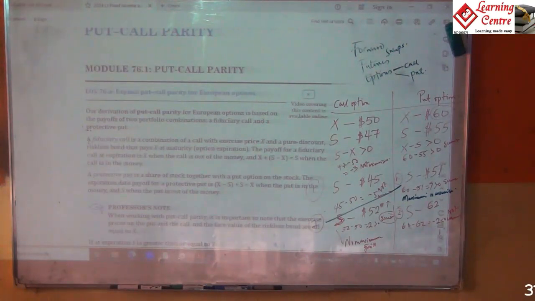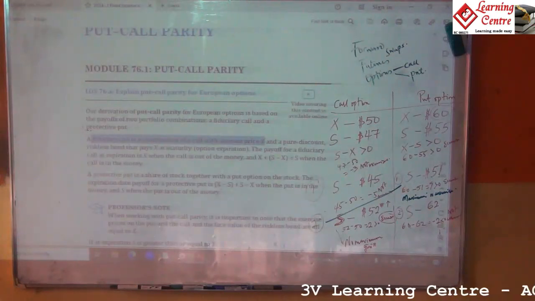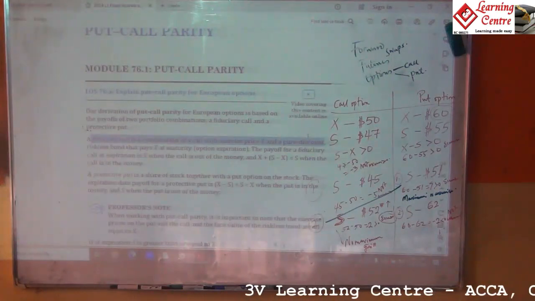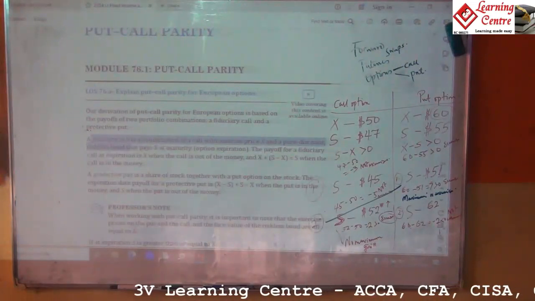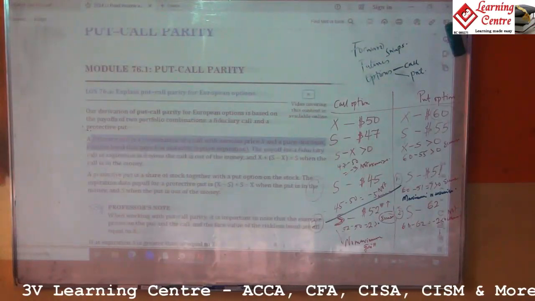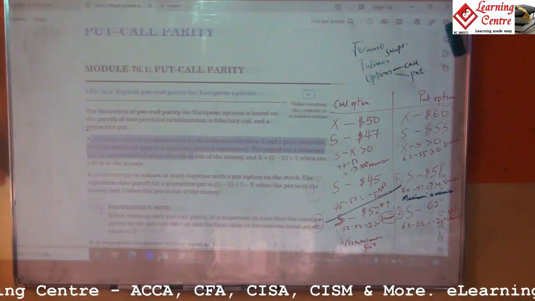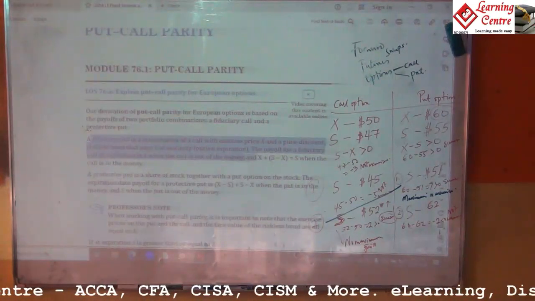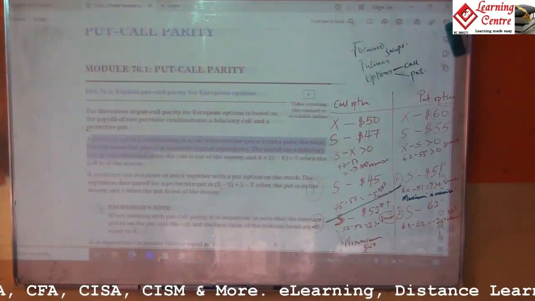So a fiduciary call is a combination of a call with exercise price X and a pure discount, riskless bond that pays X at maturity. The payoff for the fiduciary call at expiration is X when the call is out of the money, and X plus S minus X, which equals S, when the call is in the money.